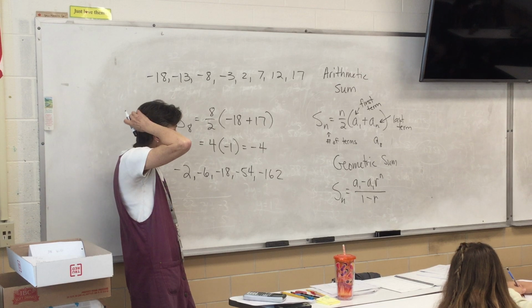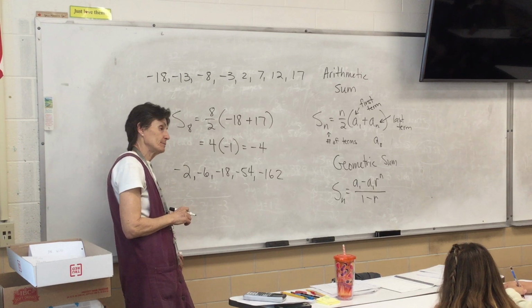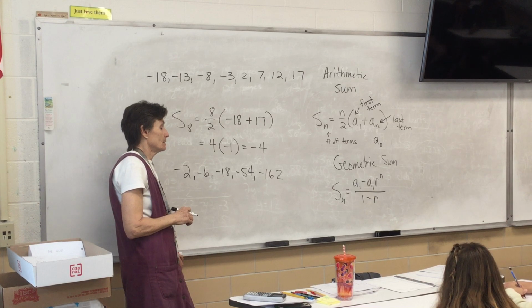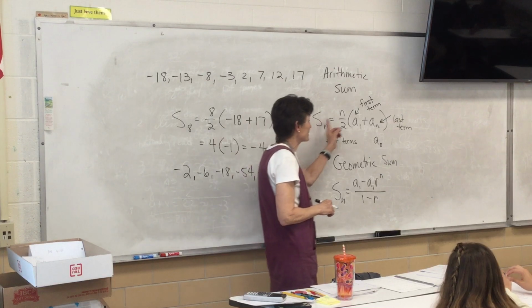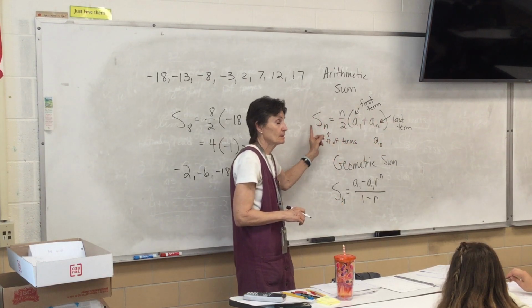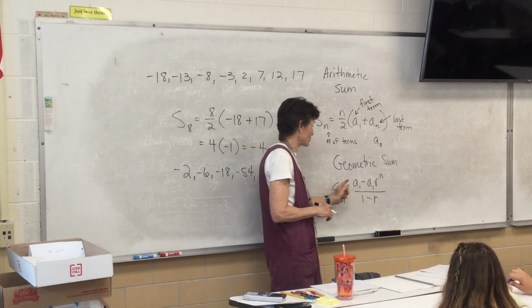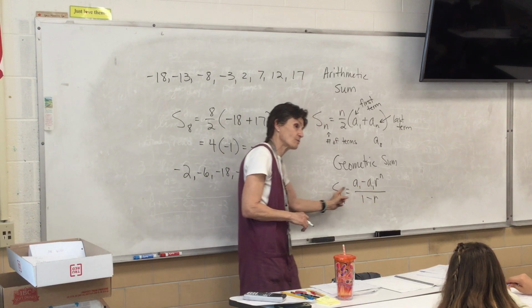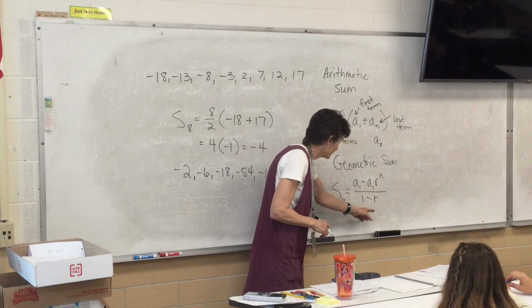If you are asked to add up arithmetic terms, you're going to use this formula. If you are asked to add up geometric terms, you're going to use this formula. These are R's.